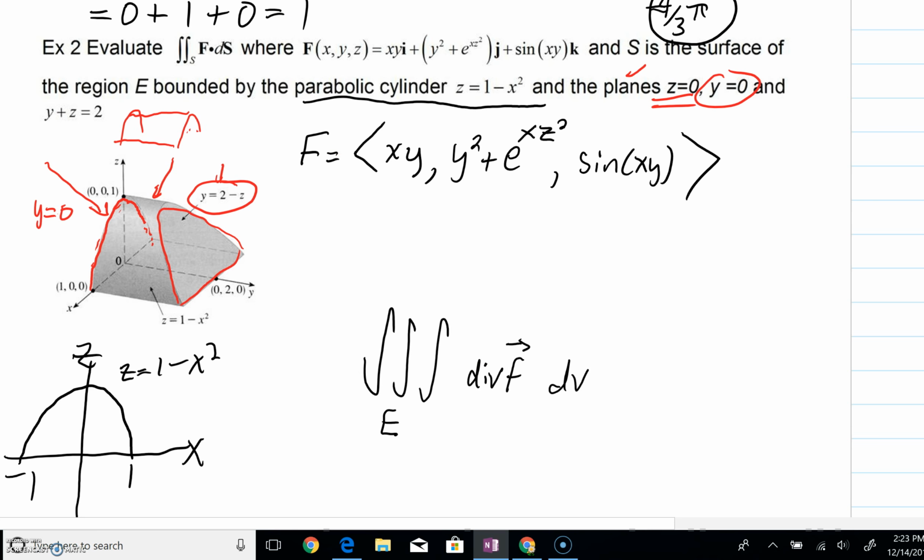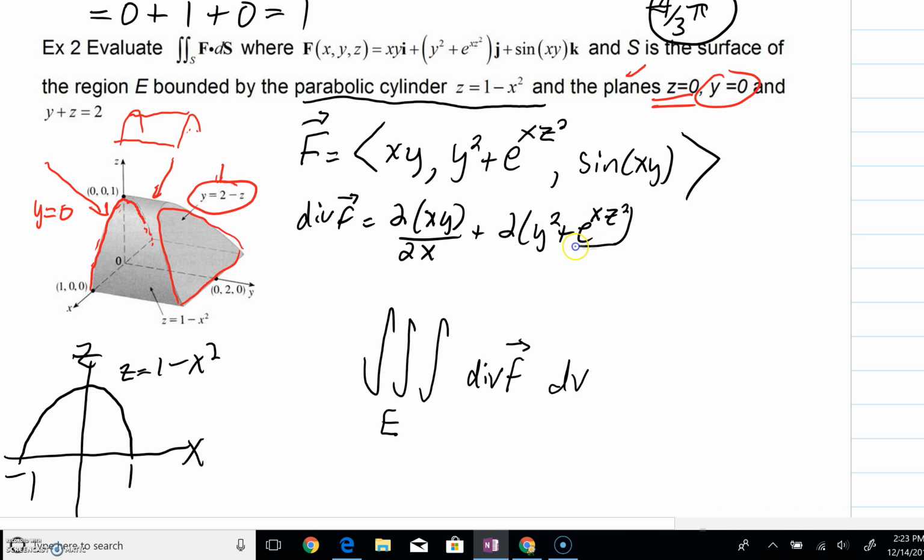But what we'll say is the divergence of f, well, we're going to have our partial derivative of xy with respect to x, plus our partial derivative of y squared plus e to the xz squared with respect to y, plus the partial derivative of the sine of xy with respect to z.